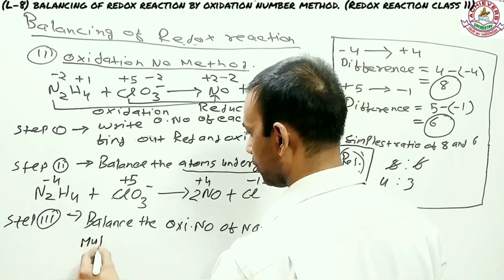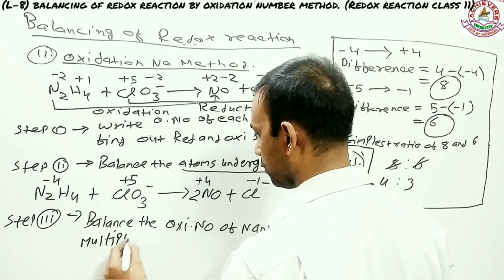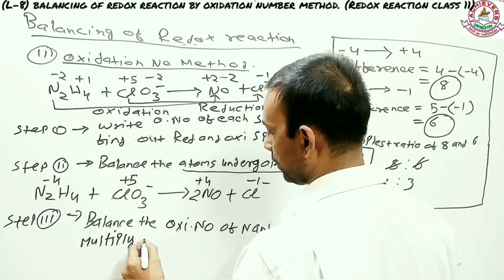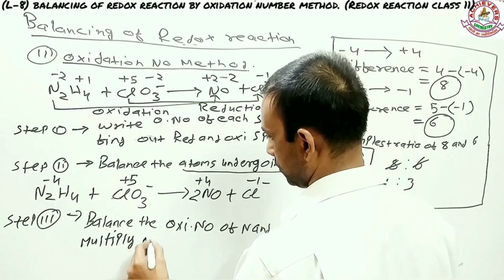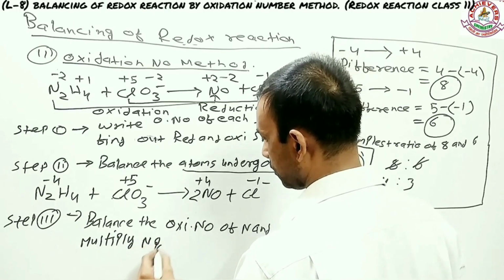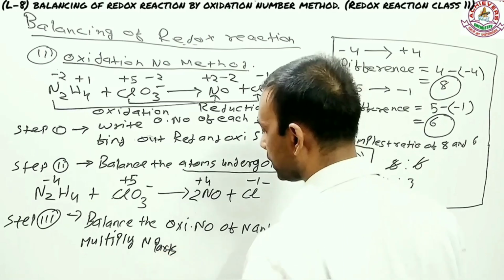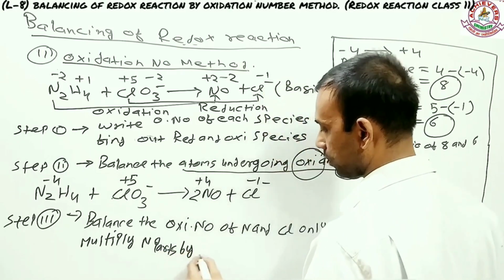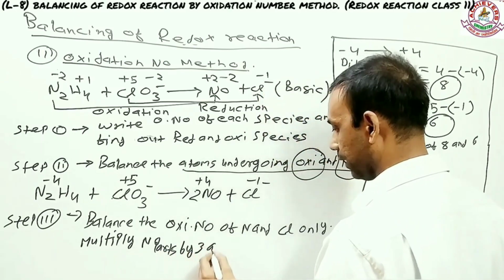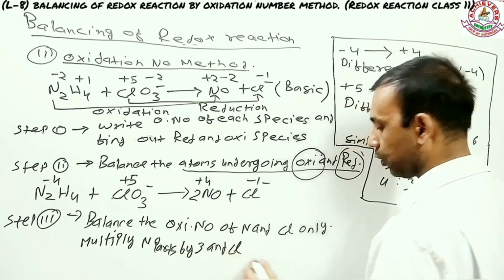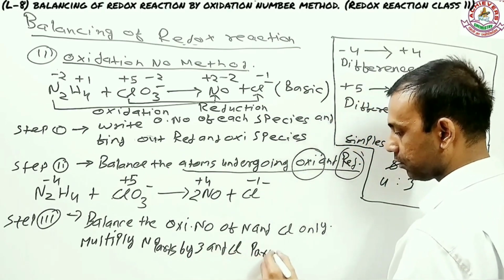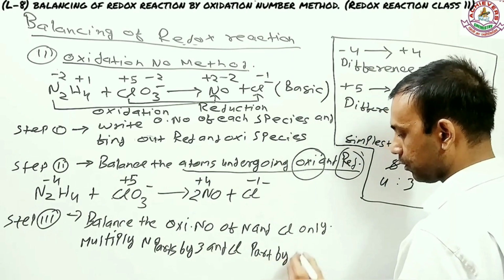Multiply nitrogen parts by 3 and chlorine part by 4.